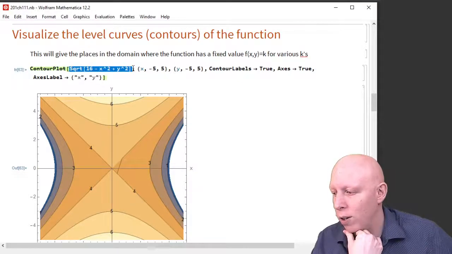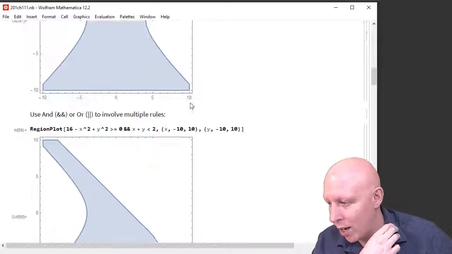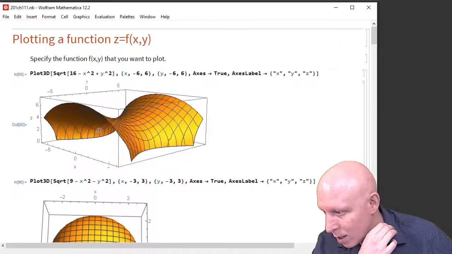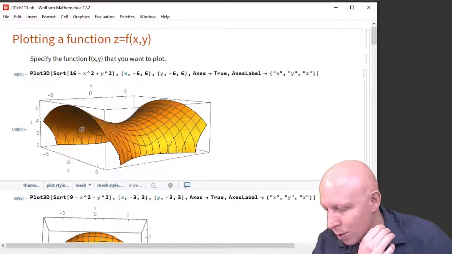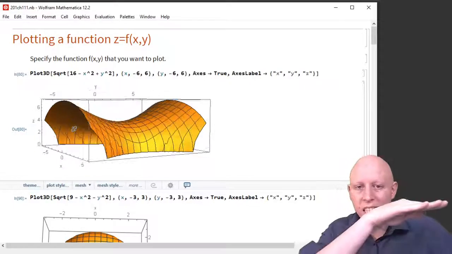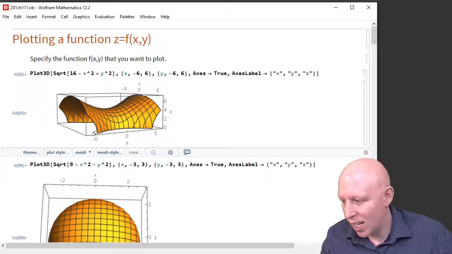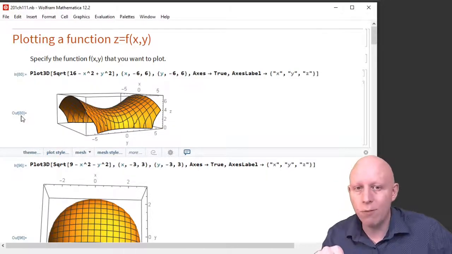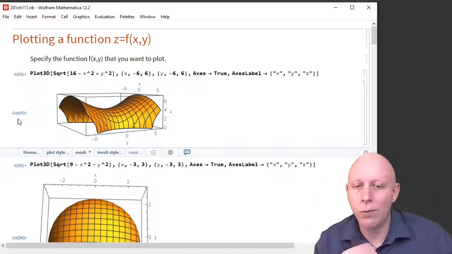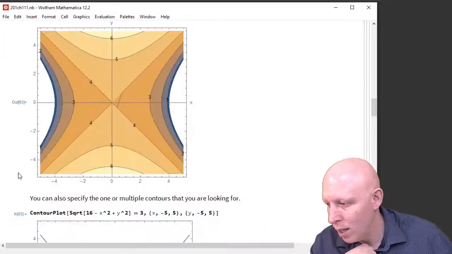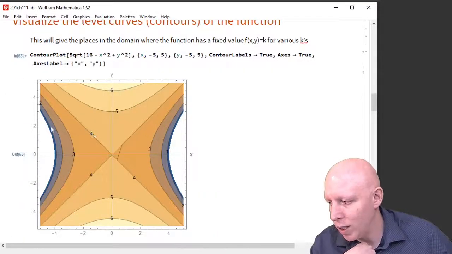If we plug in our function, this is that same function that we had earlier. What we're looking for is what happens if we slice this function at height 0, at height 1, at height 2, at height 3, at height 4. What are the shapes of those curves going to be? So Mathematica is going in and doing it all by itself.